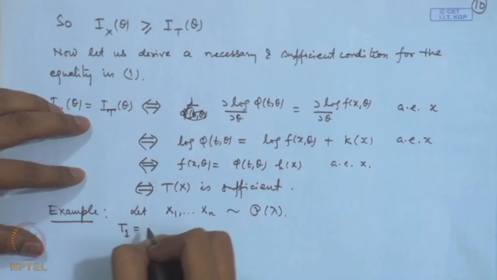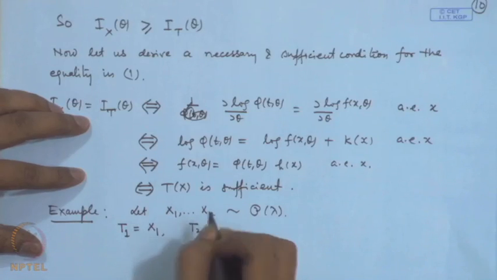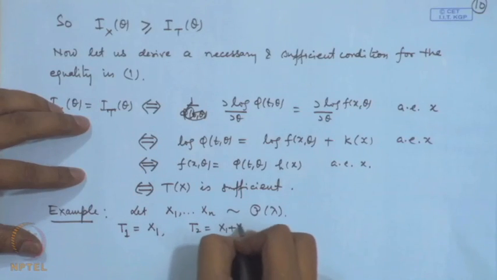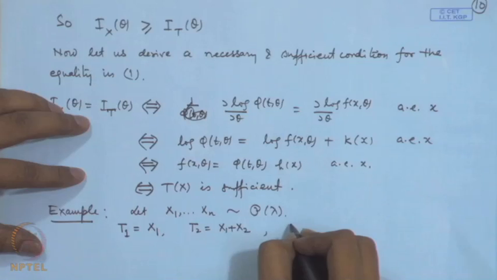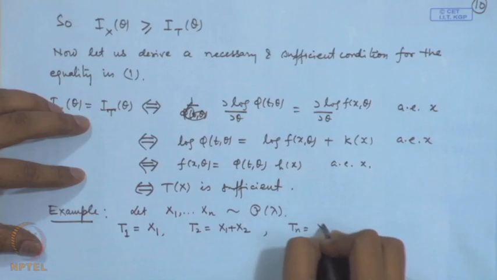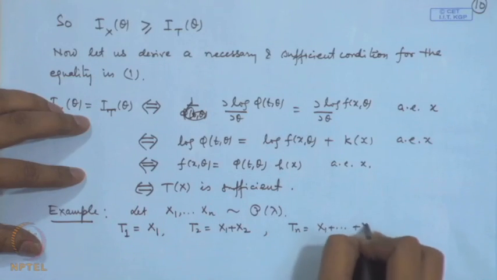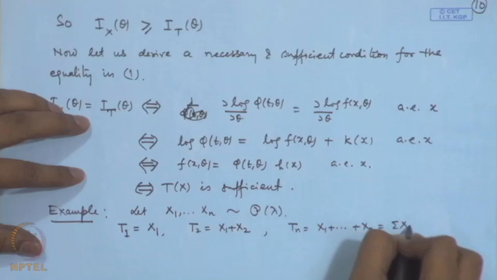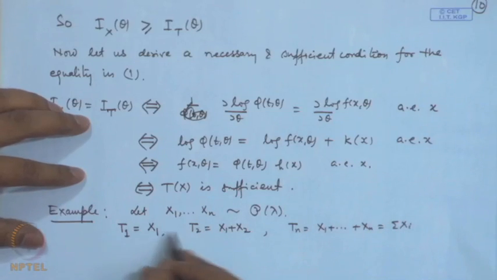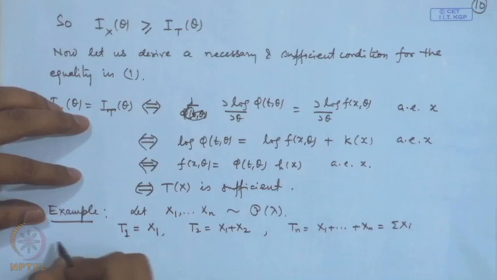Let us take say t 1 is equal to x 1, t 2 is say x 1 plus x 2, and say t n is equal to x 1 plus x 2 plus x n, that is sigma x I. In the case of Poisson distribution, we can easily derive the distribution.